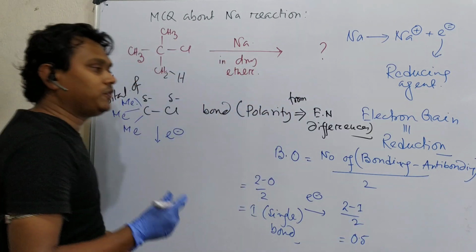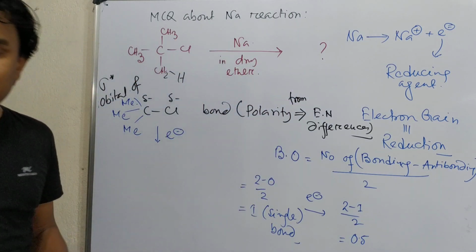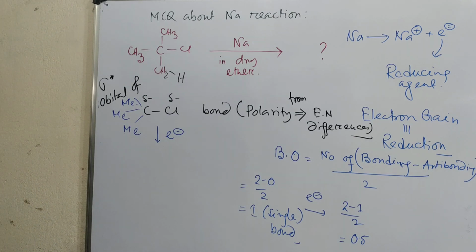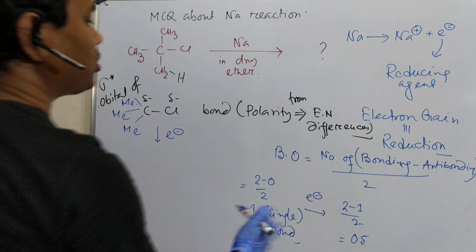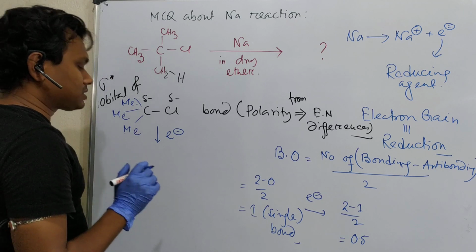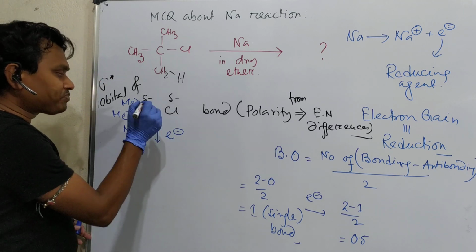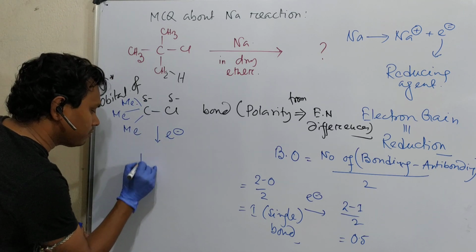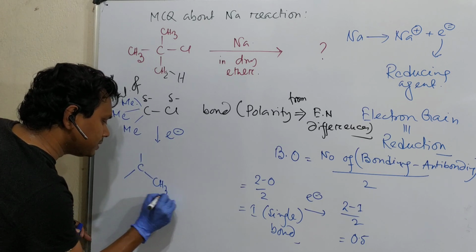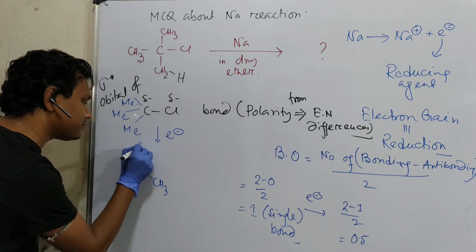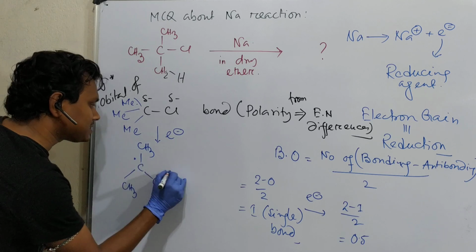Half of the bond is broken. This is a theoretical estimation, but in reality the bond breaks. It is not a stable situation. So it results in the formation of this tertiary carbon radical plus Cl minus.